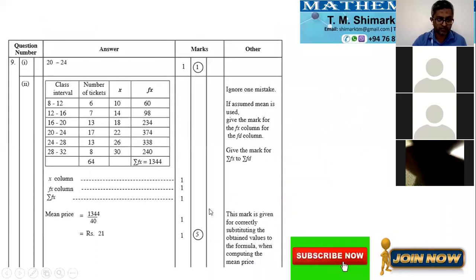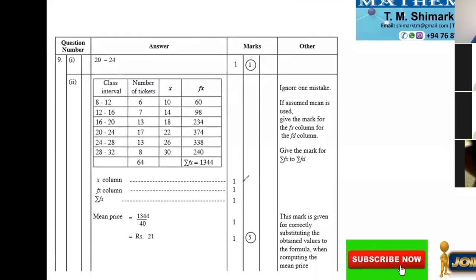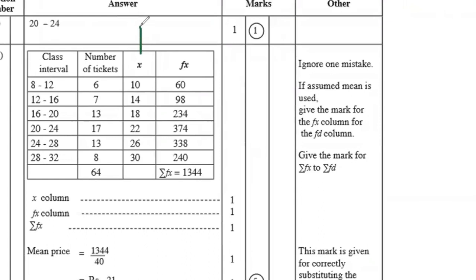So I'm telling about this one. Do we have to fill this? See this one. They have given marks. Column X, if you get it correct, 1 mark. Column fx, if you get it correct, 1 mark. So addition correct, you get 1 mark.